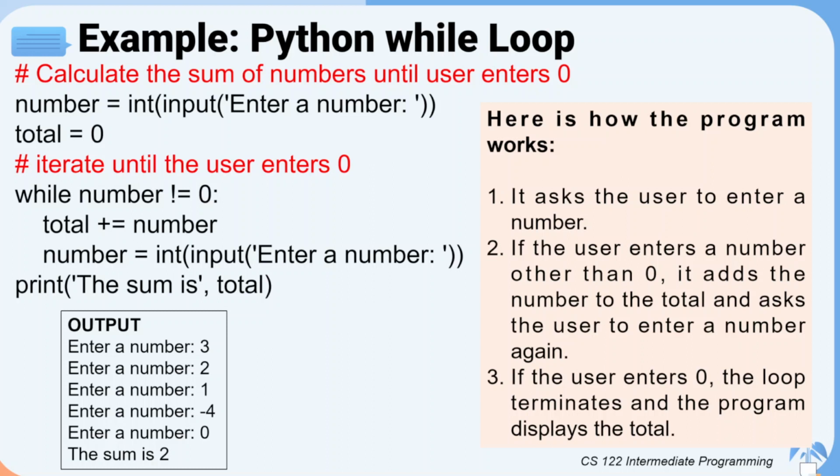If the user enters a number other than 0, it adds the number to the total and asks the user to enter a number again. Whenever the user enters 0, the loop terminates and the program displays the total.